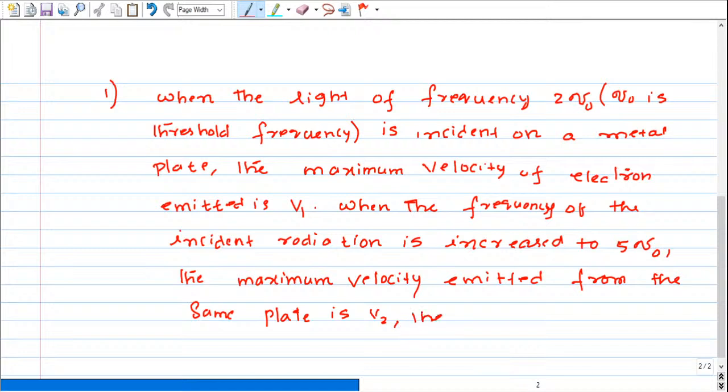The ratio of V1 to V2 is dash. You will be given 4 options. A is 1:2, B is 1:4, C is 4:1, D is 2:1.